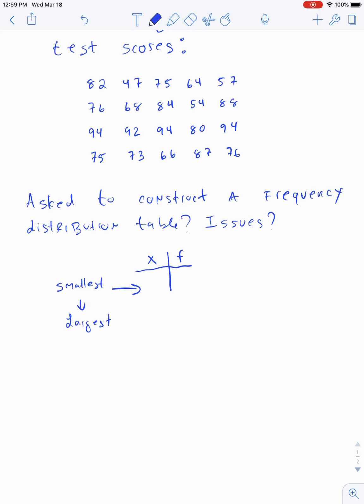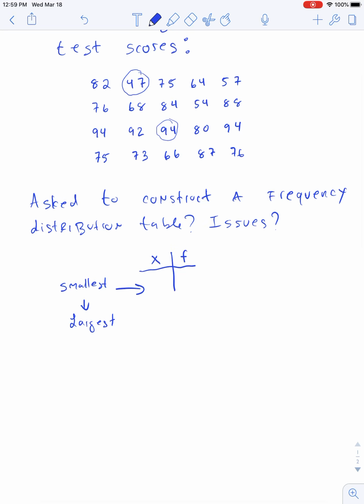If we take a look at our smallest data item, it looks like it would be 47. The largest data item looks like it would be 94.